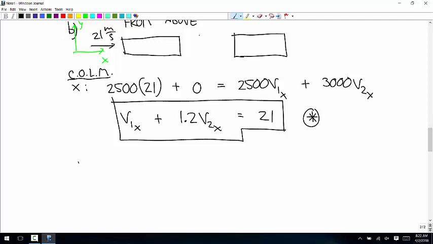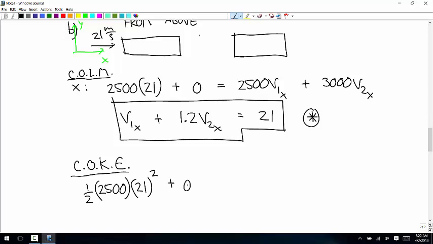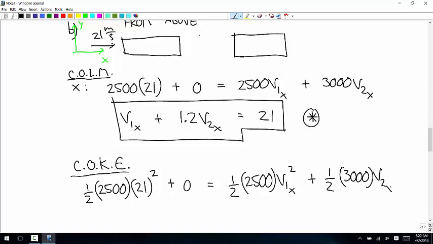Yeah, so the conservation of kinetic energy part now says 1/2 times 2,500 times 21 squared plus 0, since anything that's not moving has no kinetic energy, is equal to 1/2 times 2,500 times v1x squared plus 1/2 times 3,000 times v2x squared.